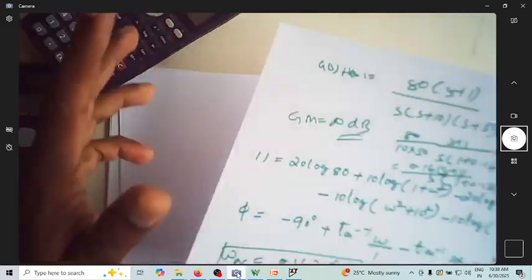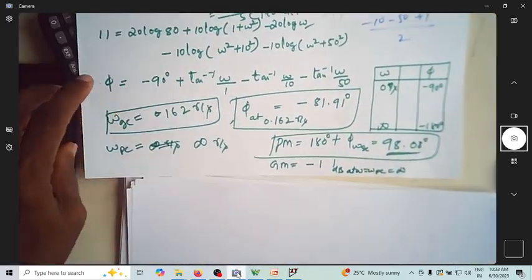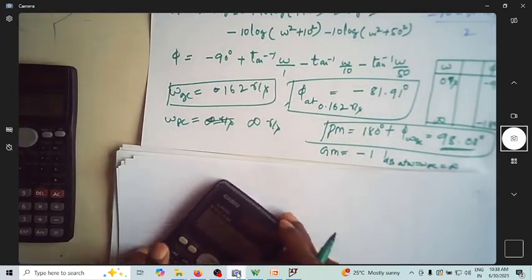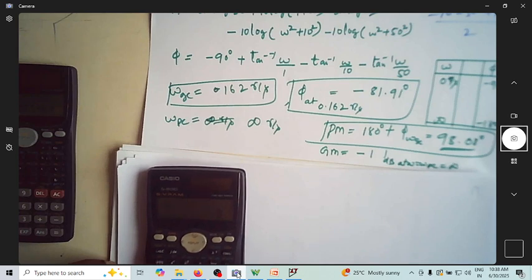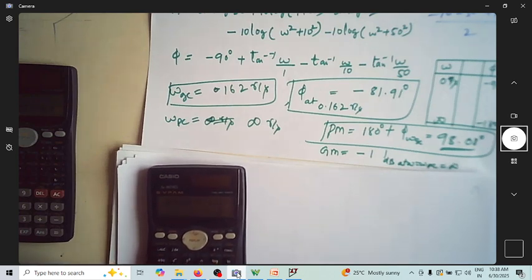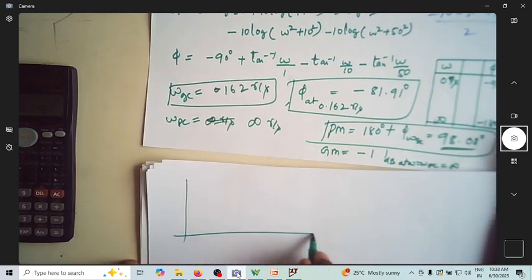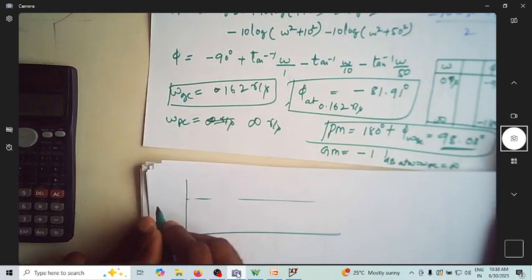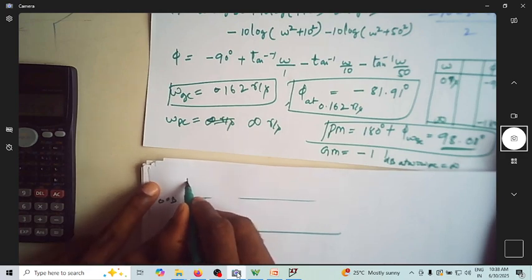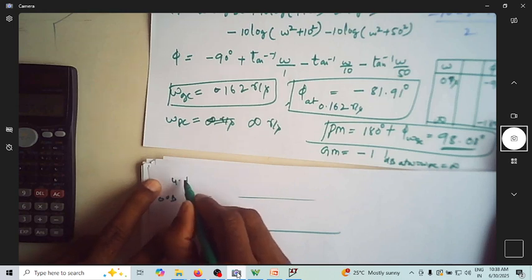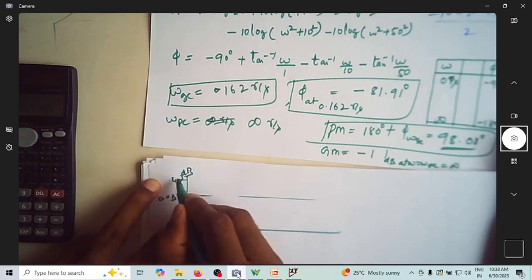If I go back and find 20 log of 0.162, it is minus 15 plus 20. So it will start from 4 dB. Somewhere here is 0 dB. 4.2 dB is the starting point.